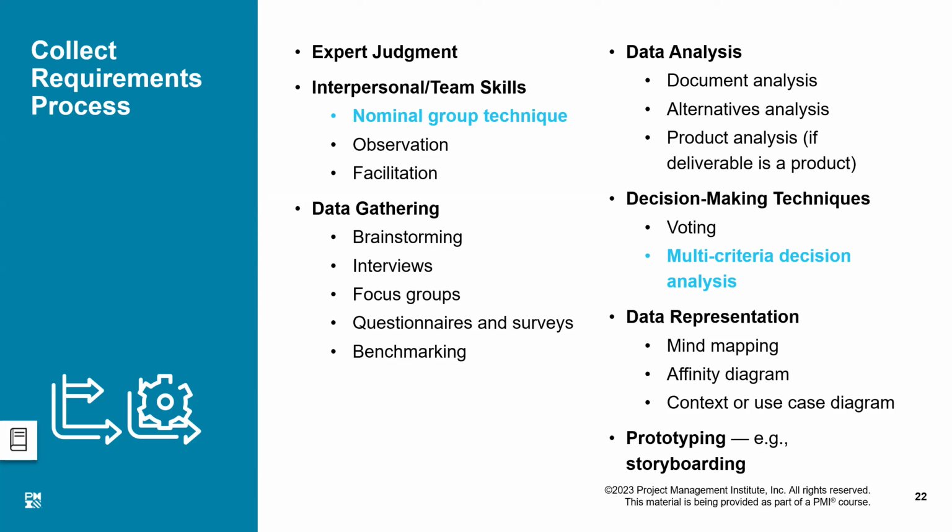Now, I am establishing a multi-criteria decision analysis where I am giving different weightages to different stakeholders or different opinions. And when I have to take an average, it will not be a simple average. It will be based on the weighted average.